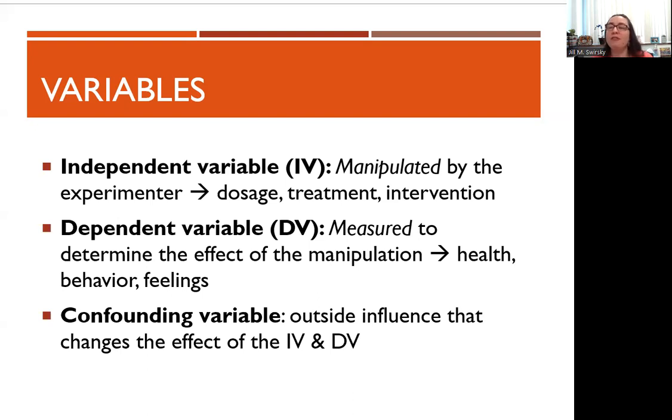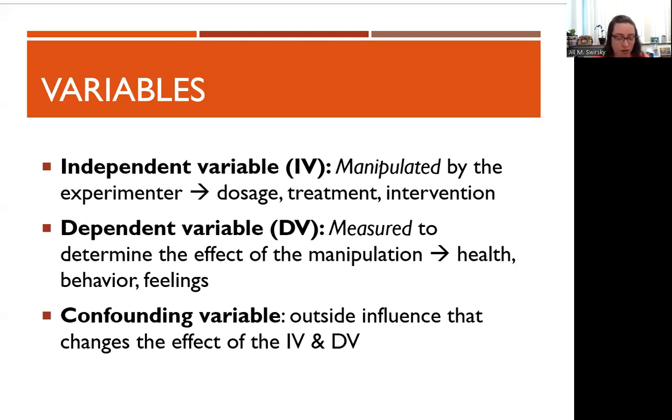Now, sometimes there are sneaky outside factors that can kind of mess with our research. These are called confounding variables or confounds. These are outside influences that change the effect of the relationship between the IV and the DV. Let's take the earlier example with blood pressure. We know that the independent variable is treatment, the dependent variable is blood pressure. But there's a lot of things other than treatment, other than exercise and medication, that might impact blood pressure.